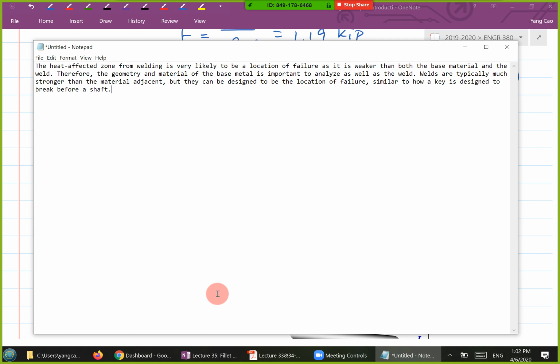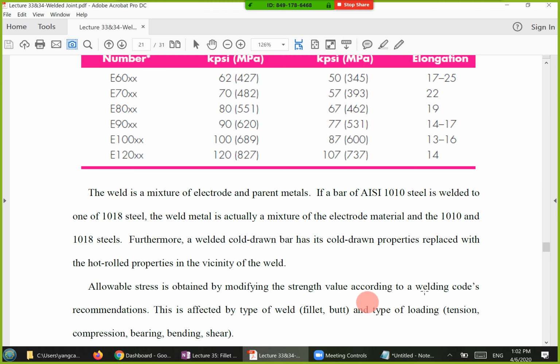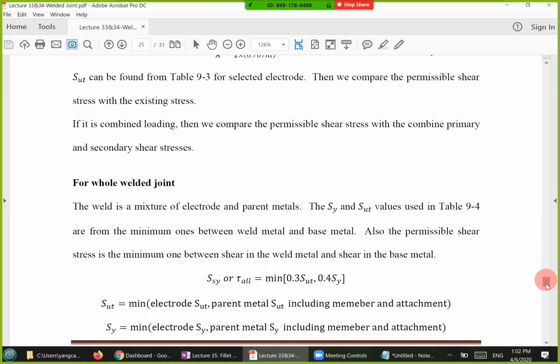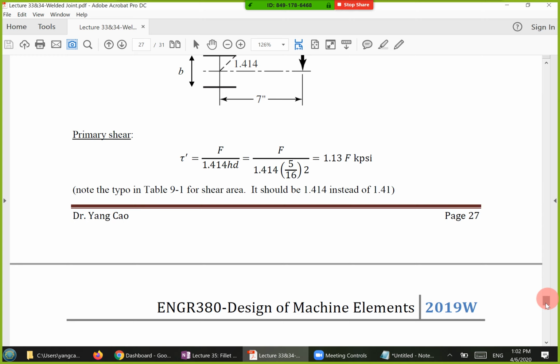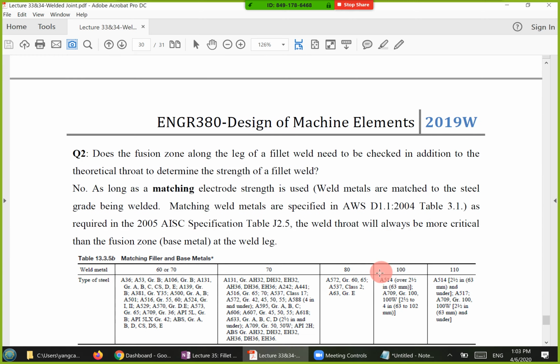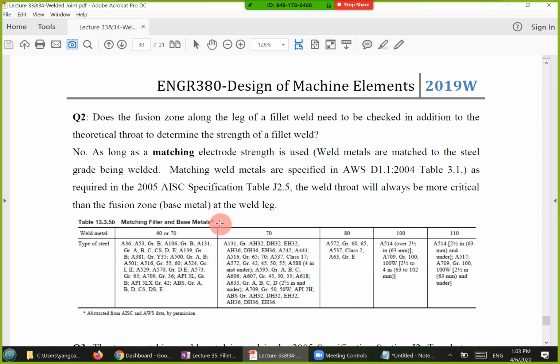So basically you need to pick the right filler material or electrode before you start your job. If you look at my lecture notes, I do have some additional material. You can look at it. At the end of the lecture notes, I have a table from the AISC specification. Essentially, it has the recommended matching filler and the base metal.